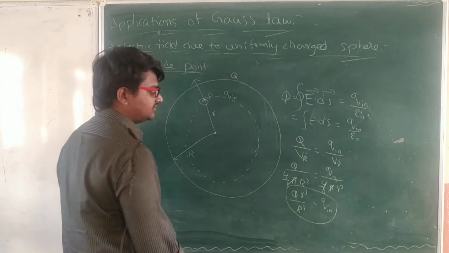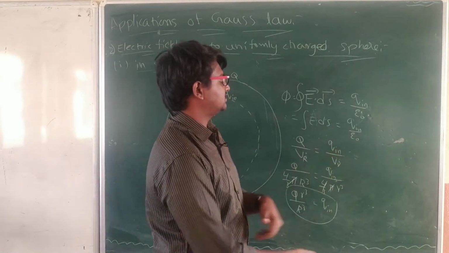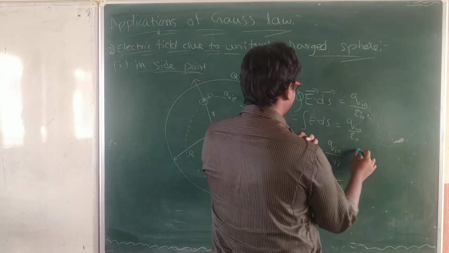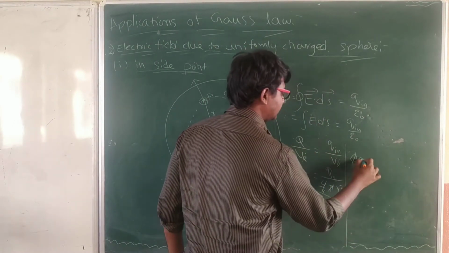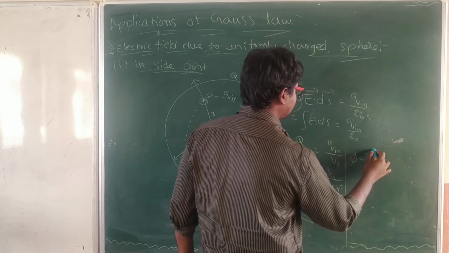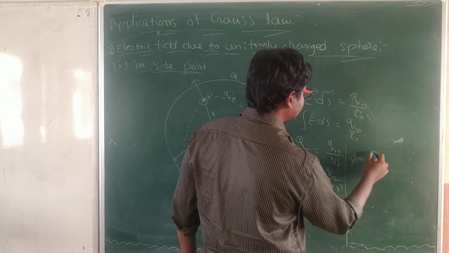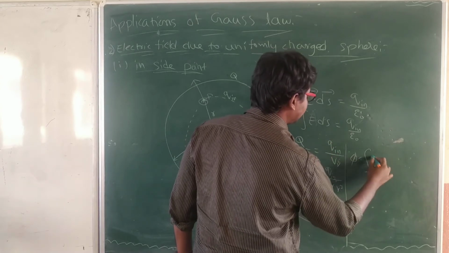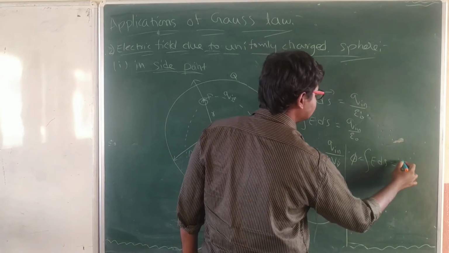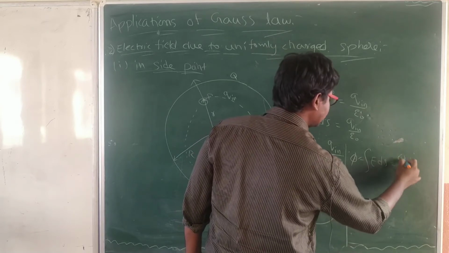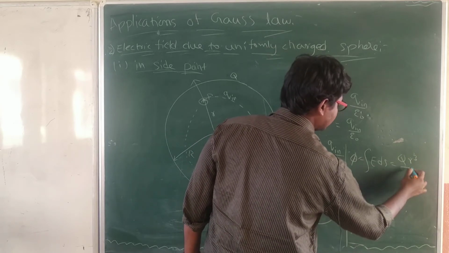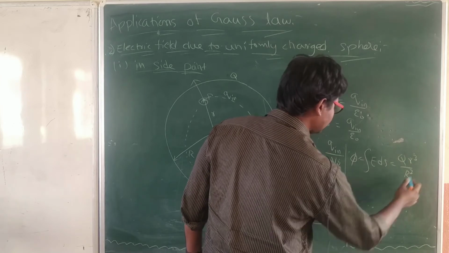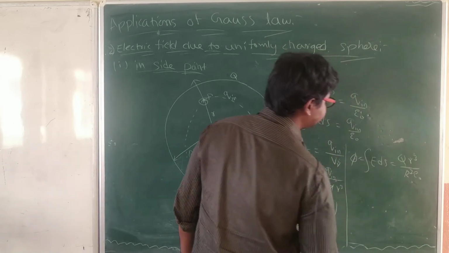Let's substitute this equation in Gauss's law. Then phi is equal to Q inside over epsilon naught, so integral E dS is equal to Q small r cube by capital R cube epsilon naught.